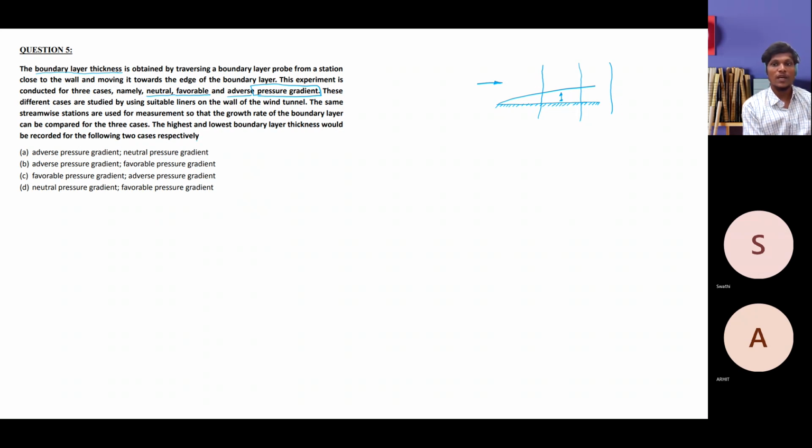As we discussed, if it is a flat plate, you cannot see this kind of adverse pressure gradient or neutral pressure gradient. I can say a curved plate on some body, there you will see the effects of adverse pressure gradient clearly.